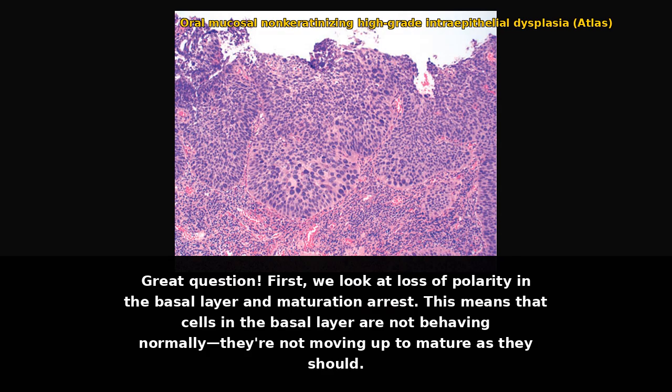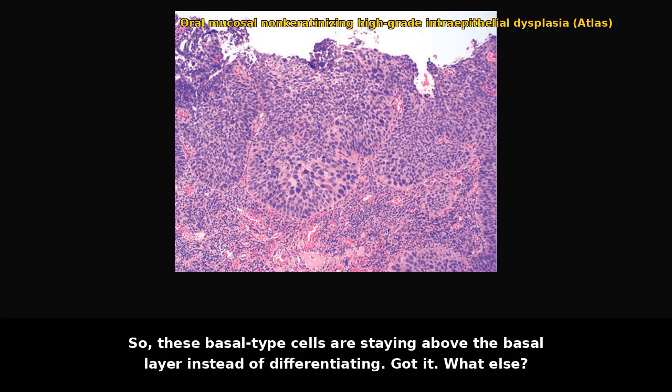First, we look at loss of polarity in the basal layer and maturation arrest. This means that cells in the basal layer are not behaving normally, are not moving up to mature as they should. So these basal type cells are staying above the basal layer instead of differentiating.